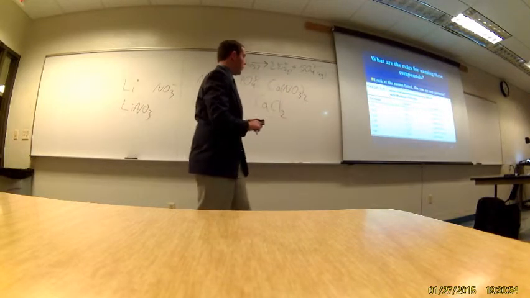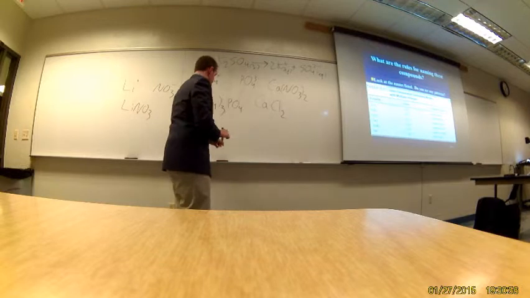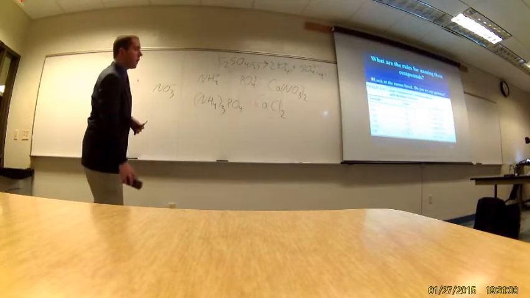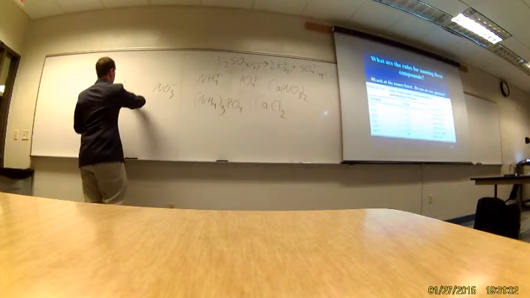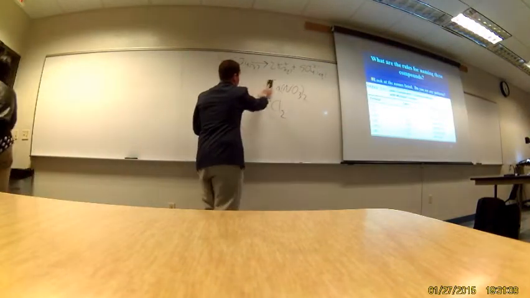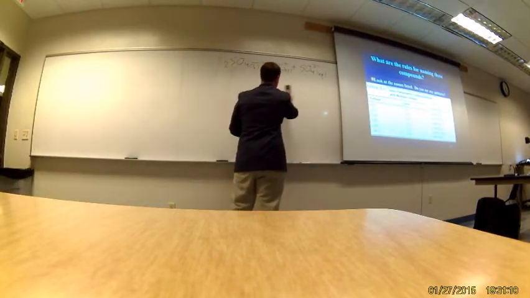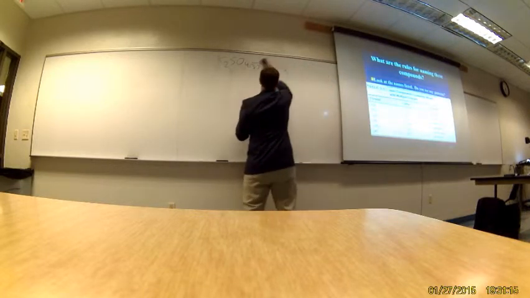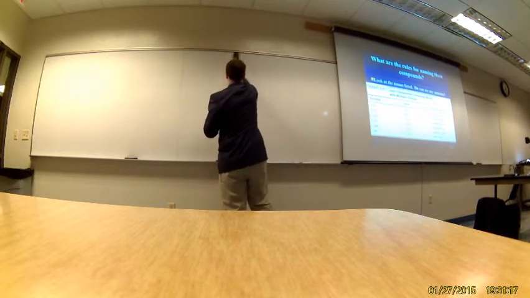So, if I said, what is the formula for iron 2 nitrate? That 2 tells you the charge of it. It's iron 2 as opposed to iron 3.